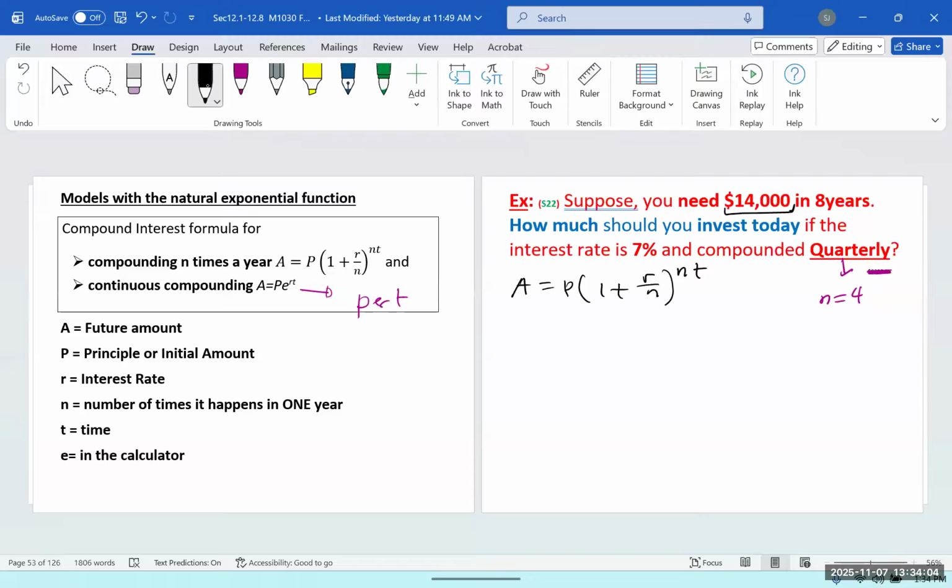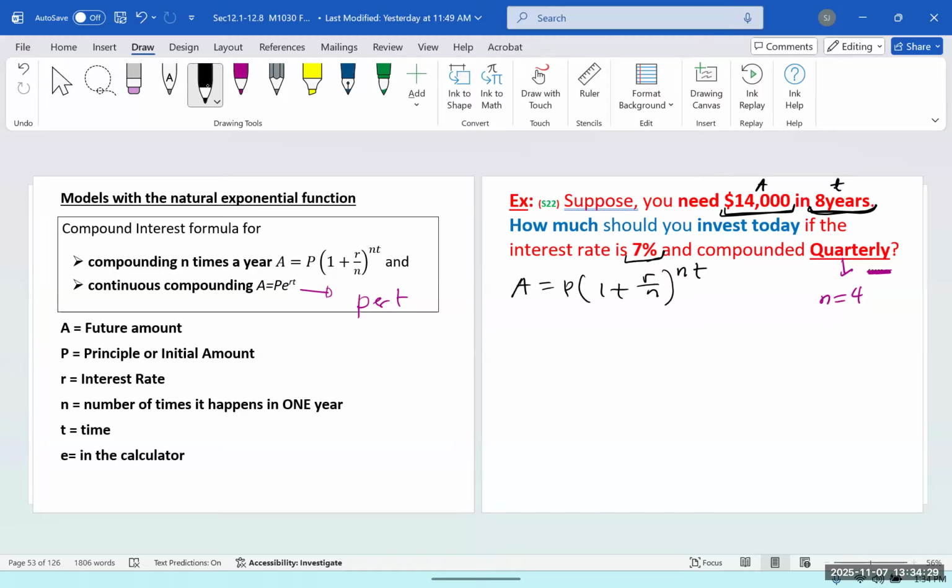What is this $14,000? Which variable? Future amount. So you need 14,000 after 8 years. So 14,000 is the future, which is A. Now, what does 8 years mean? What is given here? T.